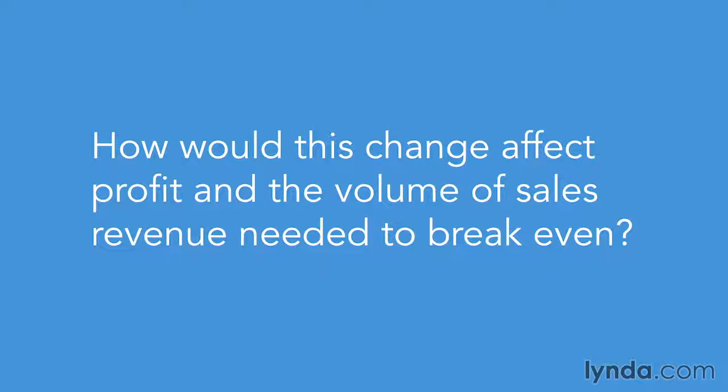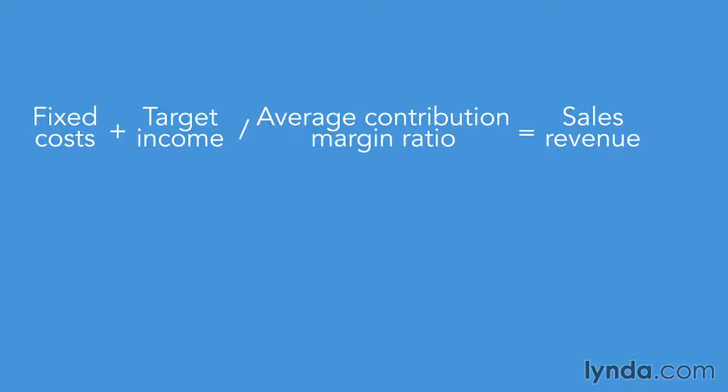Now, think about how this change in the sales mix would affect profit and the volume of sales revenue needed to break even. Would you expect the necessary sales volume to increase or decrease? Let's use a more compact formula based on the average contribution margin ratio to calculate the new sales volume.